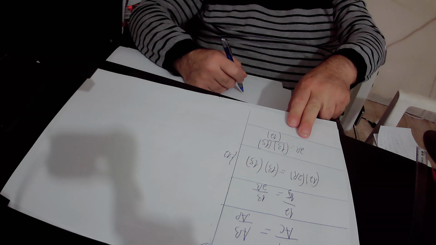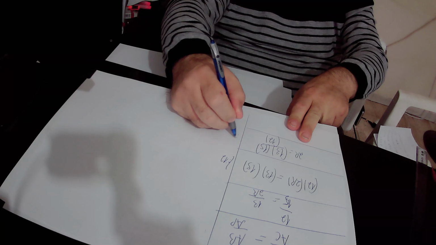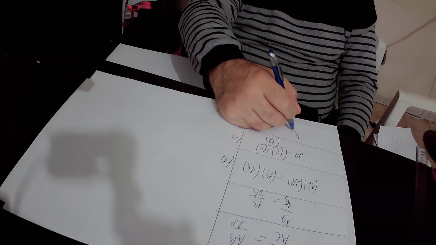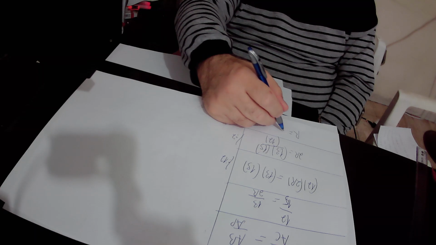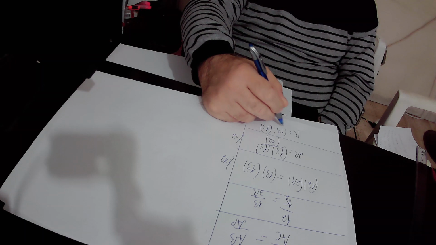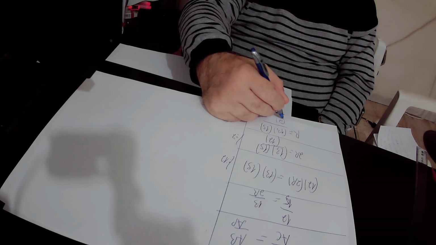We divide this equation by 2 and we get finally that R, that is the radius of the circle, equals 13 times 15 over 2 times 12.